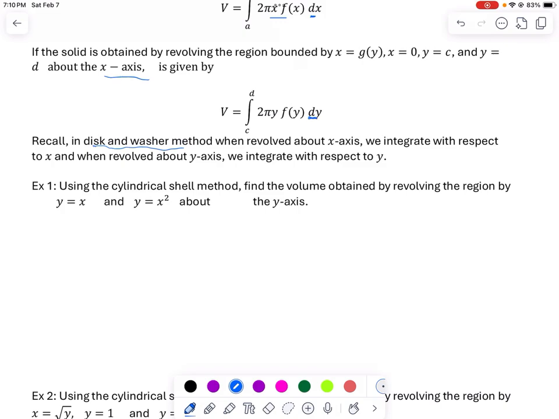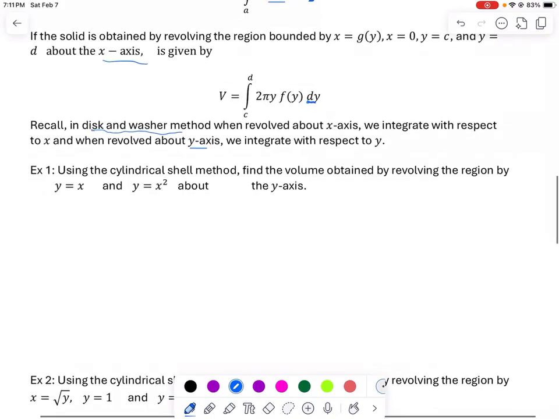In those methods, when we revolved our region about the x-axis, then we were integrating with respect to x. And if the region was revolved about the y-axis, we were integrating with respect to y. So this is a big difference between these two methods, disk and washer and then cylindrical shell.